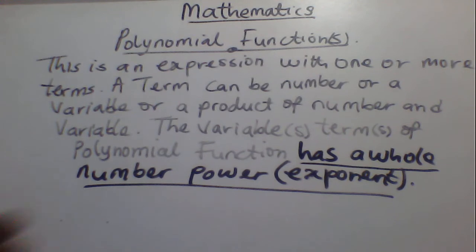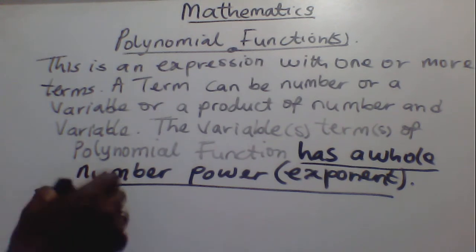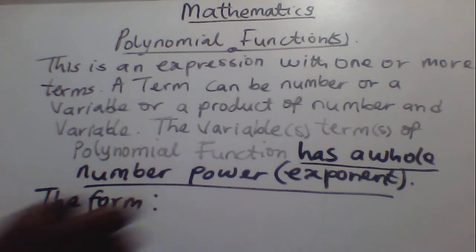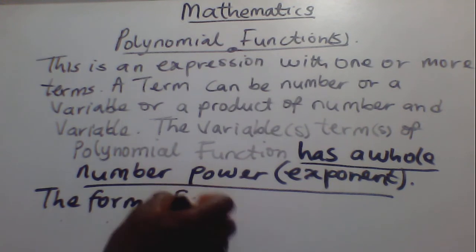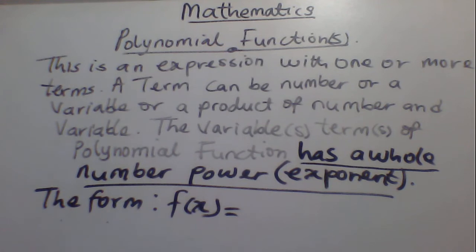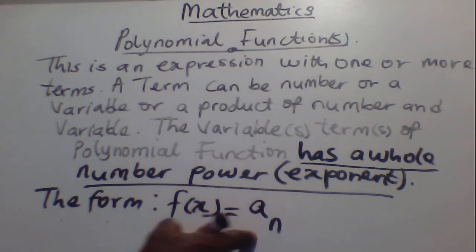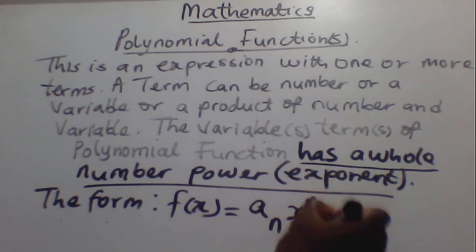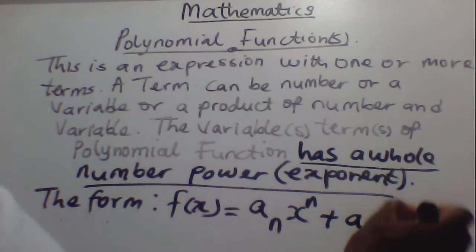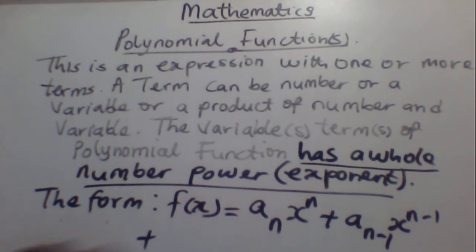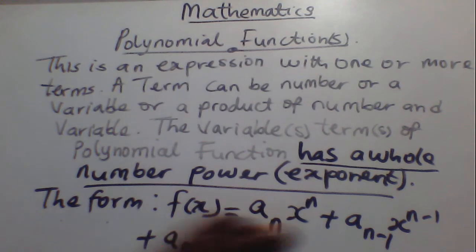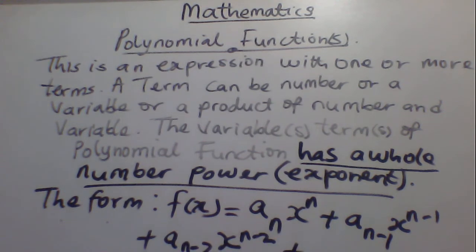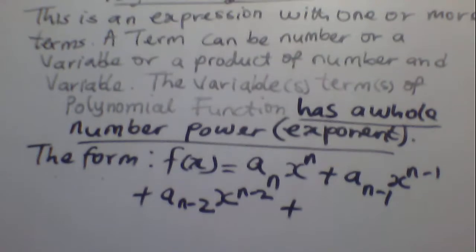It means that a polynomial has the form, for a polynomial f of x, it is called f of x because the function depends on x, given as a_n x^n plus a_{n-1} x^{n-1} plus a_{n-2} x^{n-2}, and this continues because this is a form of a polynomial function.